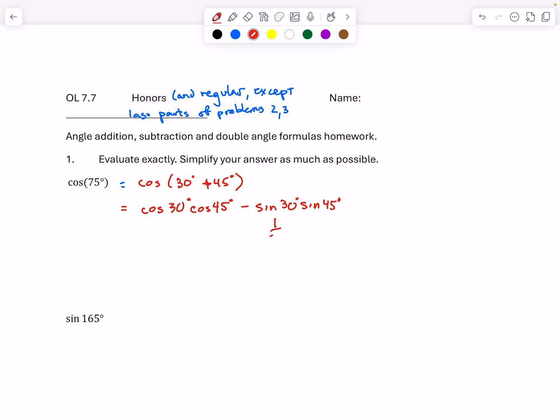Sine of 30 is the 1/2. And the angles for 45 degrees, the numbers are both √2/2s. When you're multiplying, you go straight across.